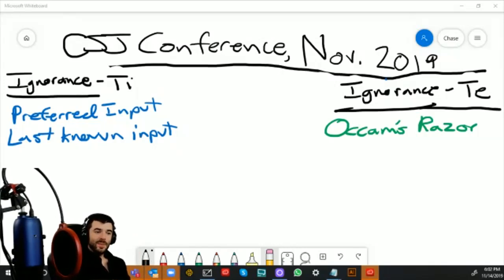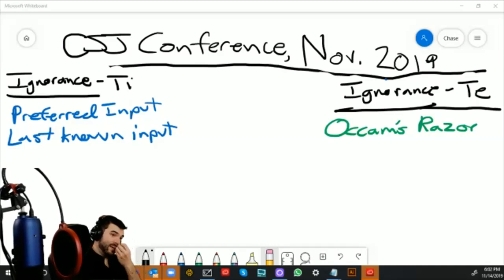The dictionary, and I quote: Occam's razor, a noun, the principle attributed to William of Ockham, that in explaining a thing, no more assumptions should be made than are necessary. The principle is often invoked to defend reductionism or nominalism.